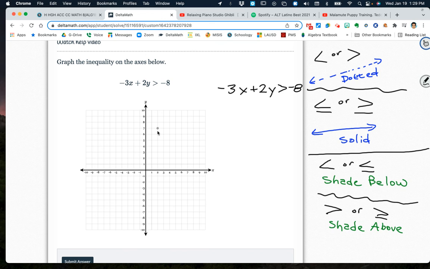Okay. Let's get that x term over to the other side. So we just have 2y is greater than positive 3x now. Take away 8. All right. Let's get rid of this 2. We'll divide it everywhere.